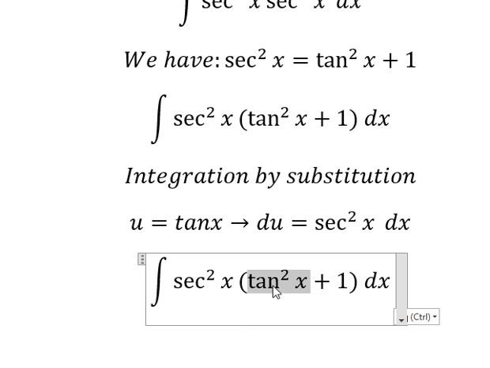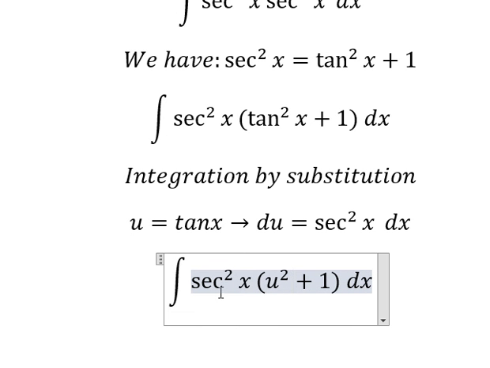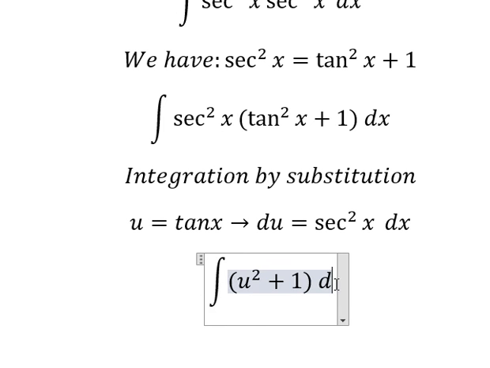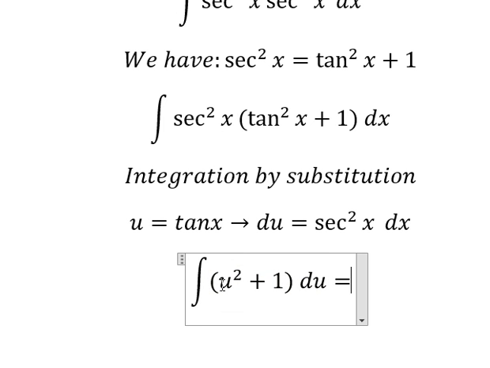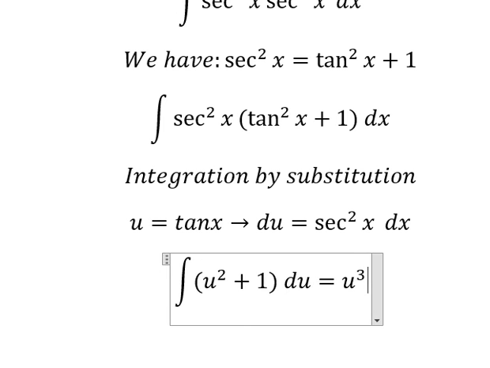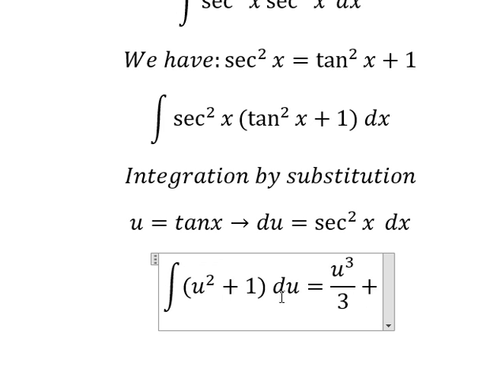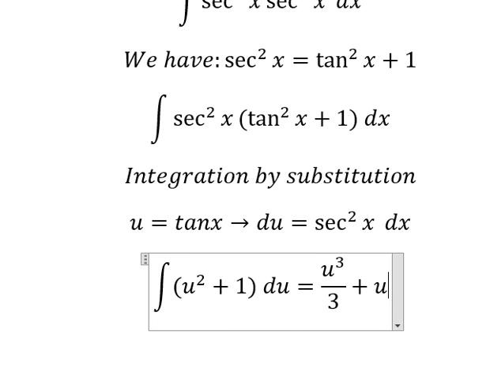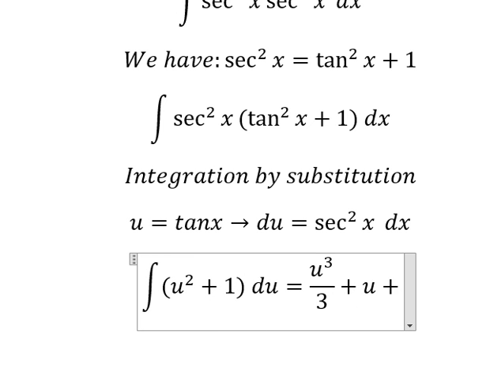Next, we need to change this one into u. Secant of s squared ds we change by du. The integration of u squared, we have u to the power of 3 over 3. Number 1, that is about u, and then I will put c.